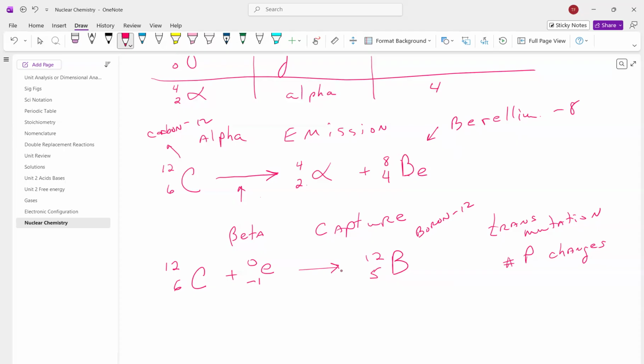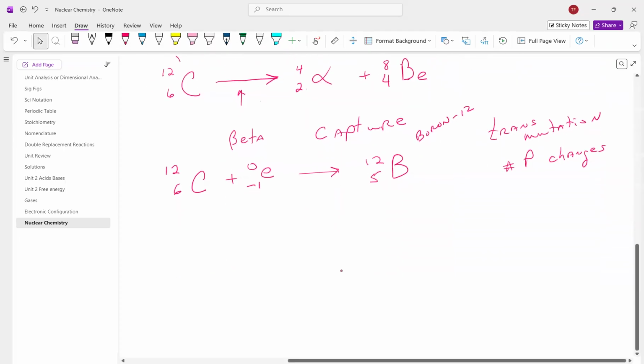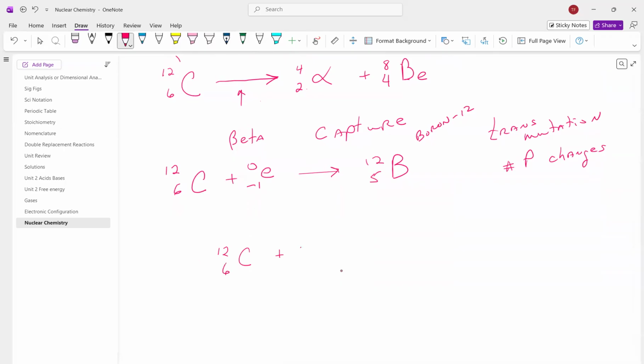Now, sometimes, uppercase P is a proton. Sometimes there's more than one that comes off.